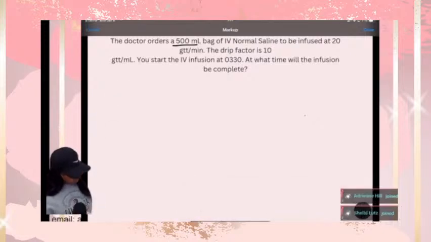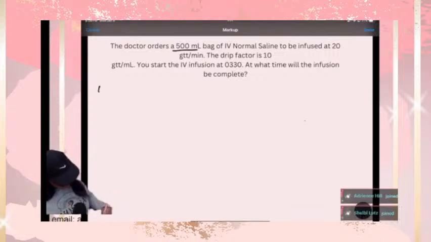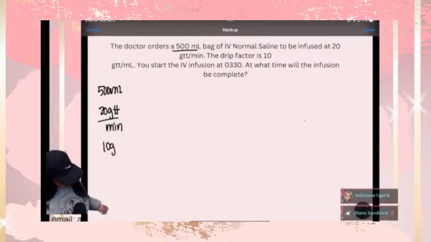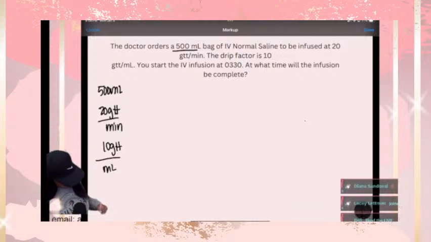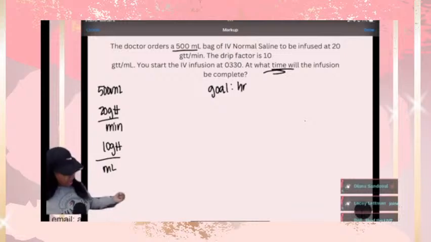So you have 500 mLs, right? We're to infuse that at 20 drops per minute. And your drop factor is 10 drops per ml. Your goal was to find the time. So time is going to be hours.